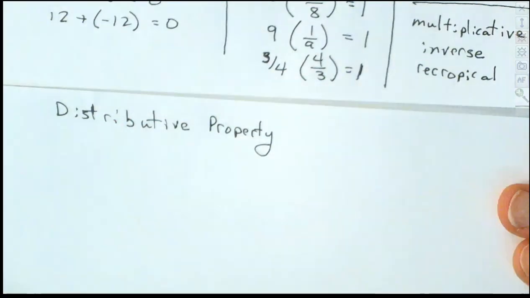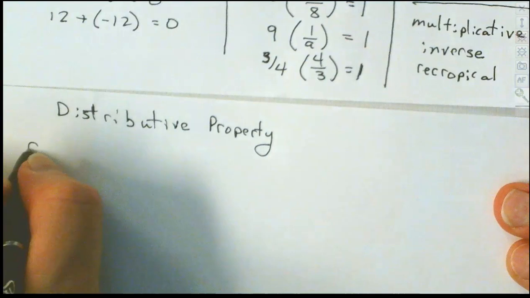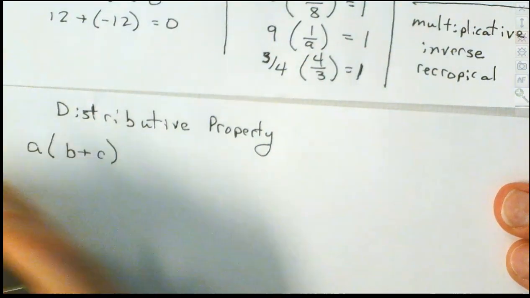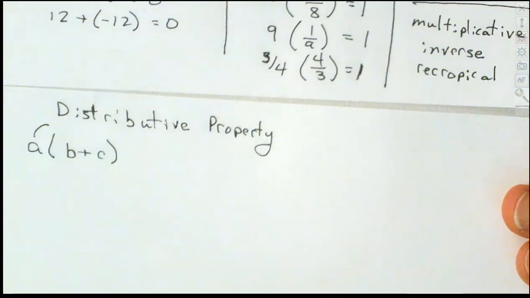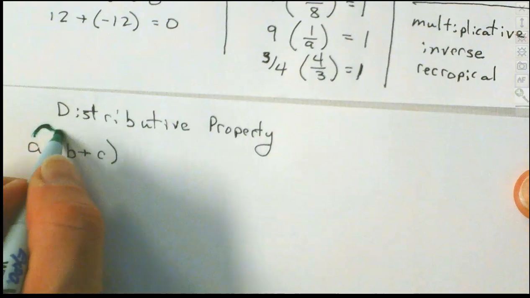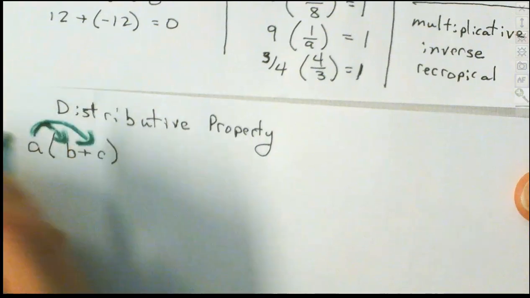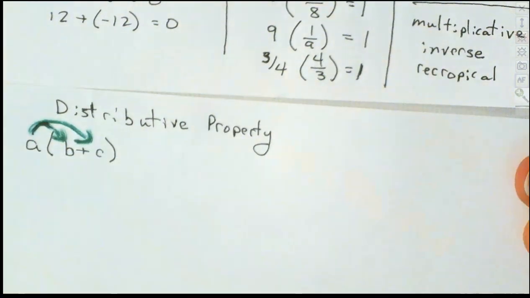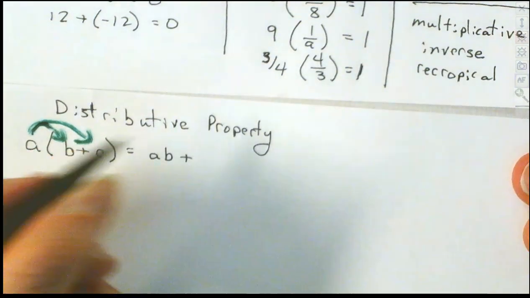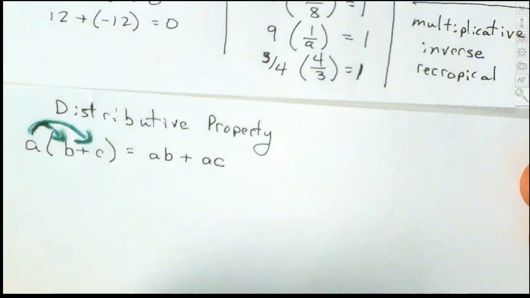We're going to look at the distributive property. And the distributive property says A times B plus C is the same thing. You distribute that A through or push it through. Is the same thing as AB plus AC. That's your distributive property.